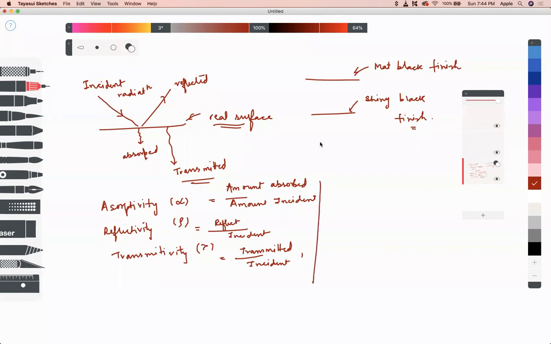Now when an incident radiation comes, it will be either absorbed, reflected, or transmitted, and all of this together will be your incident radiation.